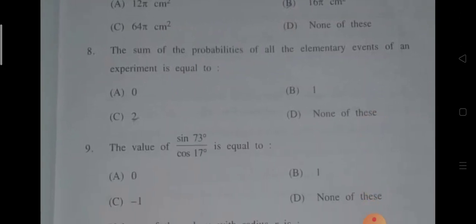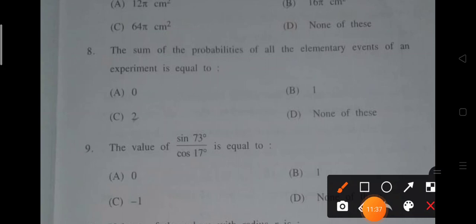The sum of probabilities of all the elementary events of an experiment is equal to, the total probability. There is a general concept regarding probability that the probability of any event is greater than or equal to 0, less than or equal to 1.